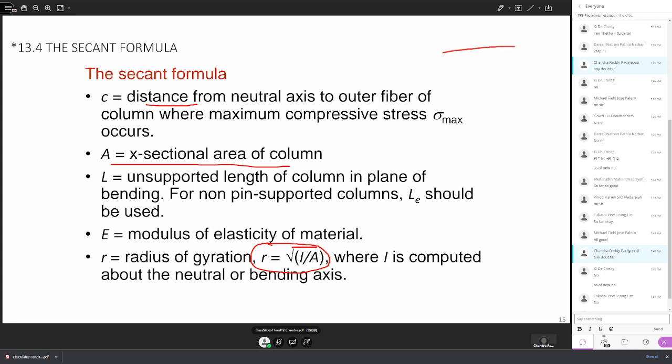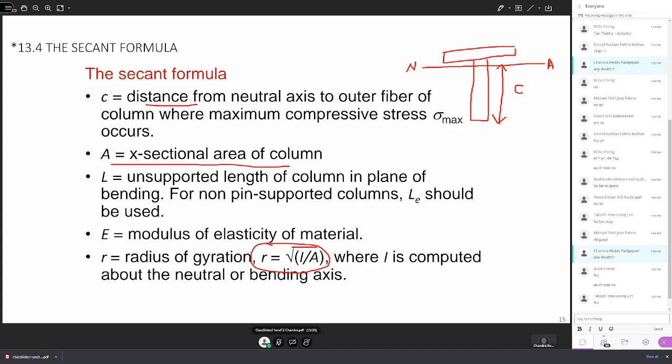For example, if you have a T-beam like this, and let us say the neutral axis is here, with reference to the neutral axis, the farthest point on the cross section will be your C. So C represents the distance from the neutral axis to the farthest point on the structure.